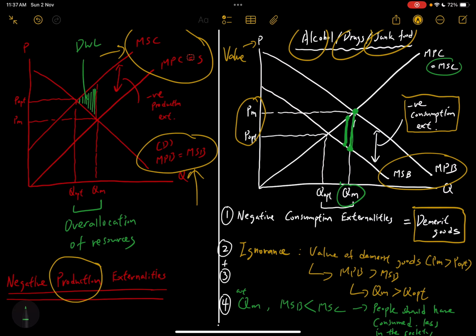If you use this idea over and over again, you would be able to find out the total area of the entire deadweight loss, which means even at a lower quantity like this, you could still find a deadweight loss. Or even here, you could still find a deadweight loss until MSC is actually equal to MSB, which is here.